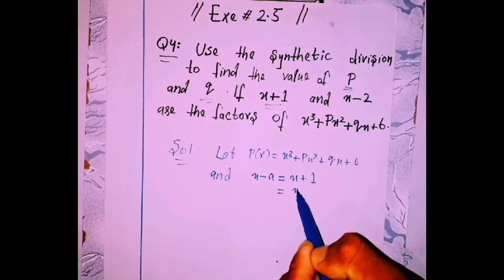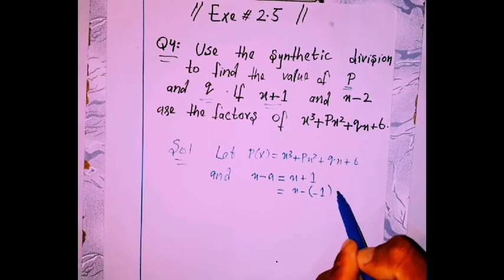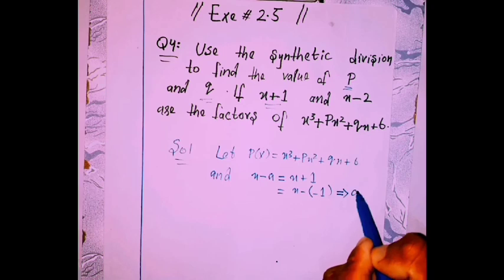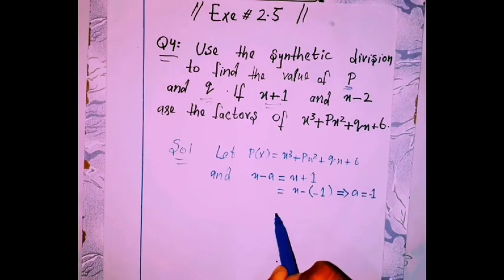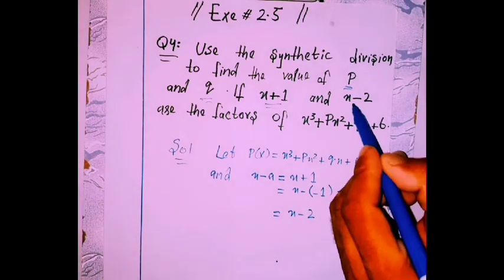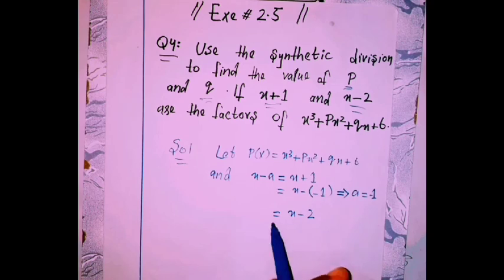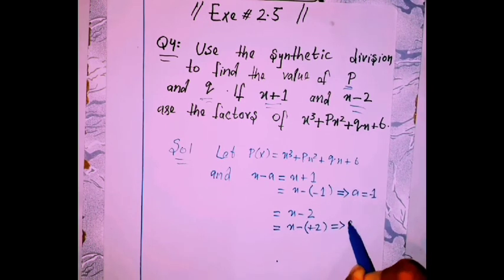We can write x plus 1 as x minus into minus 1, because if we multiply minus with minus 1, we get x plus 1. So here the value of a is minus 1, and the other one is x minus 2. We can write x minus into plus 2. So here the value of a is 2.